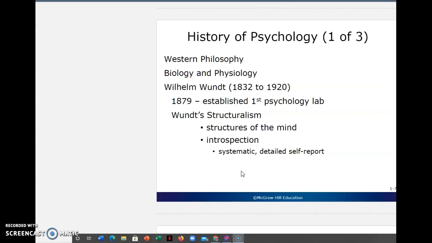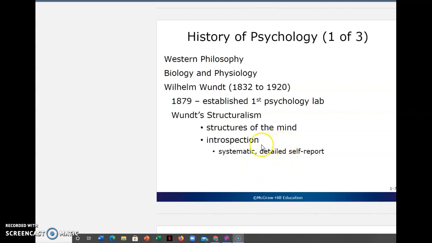And so that is what Wundt's work was all about. Because he was looking at psychology through the lens of the basic elements and structures of mental process, we call his school of thought, this early history of psychology, structuralism.